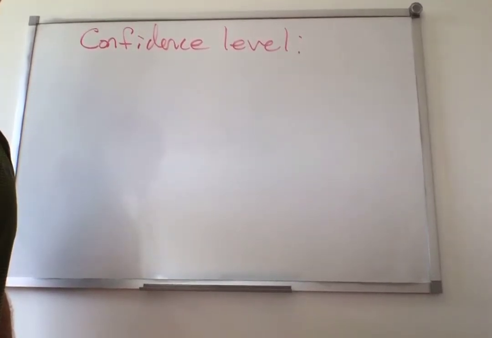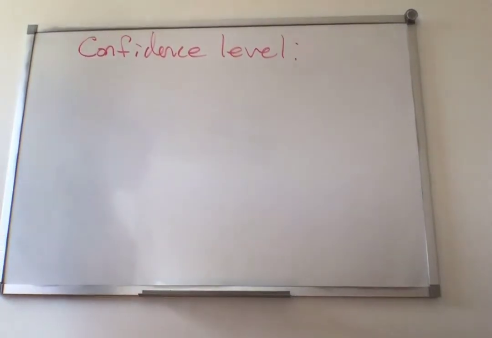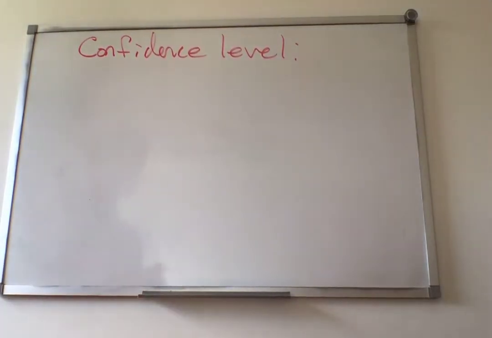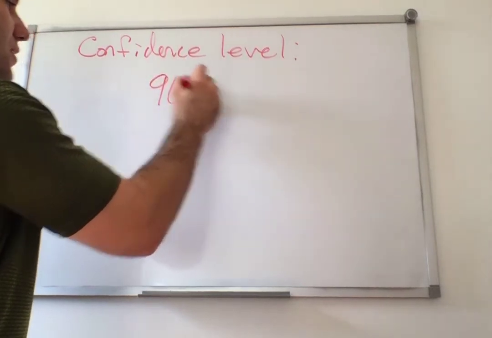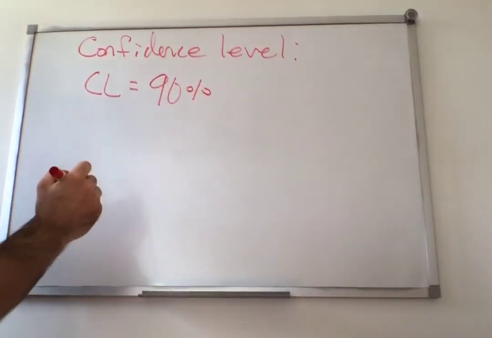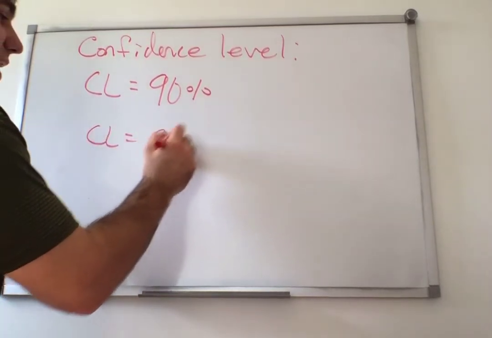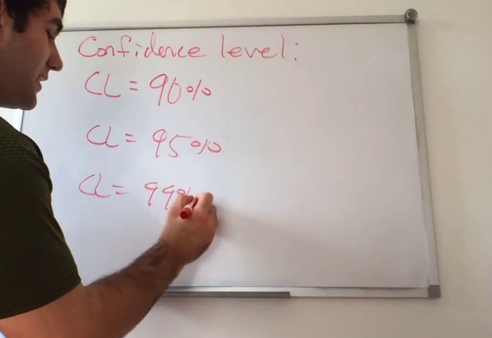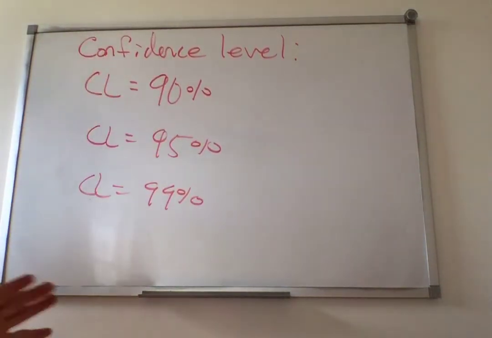Okay, so the idea of a confidence level is, you'll see when you read the problems, they'll tell you what the confidence level is. Some most widely used is 90%, so confidence level equals 90%. Sometimes you'll see a confidence level of 95, that's another common one. Confidence level of 99%, that's another common one. Okay, so, I mean, we can make the confidence level whatever we want.